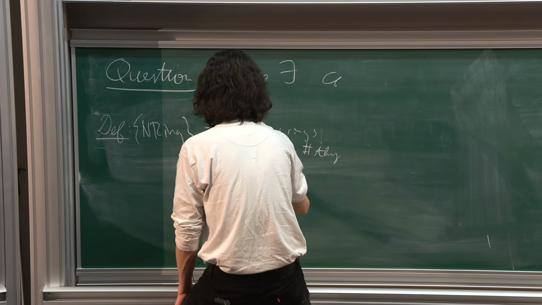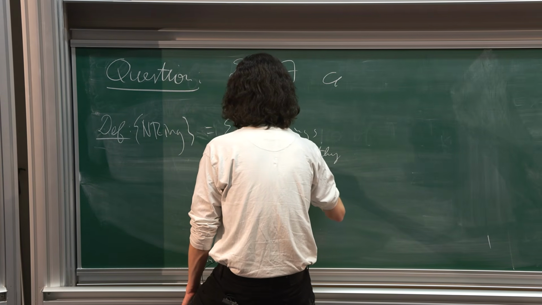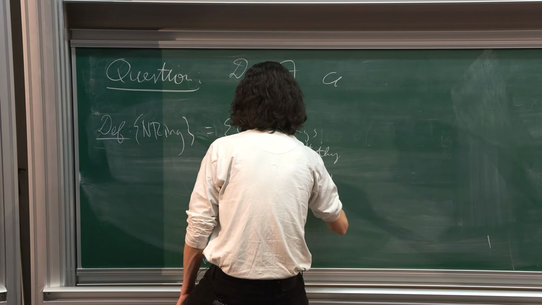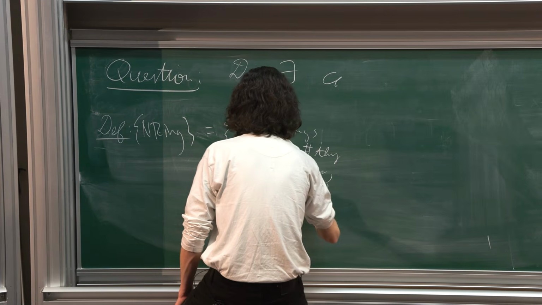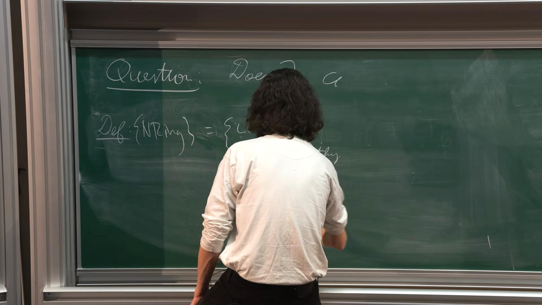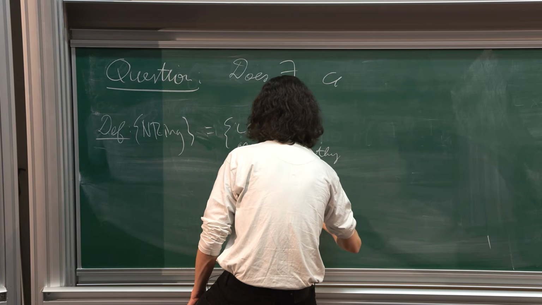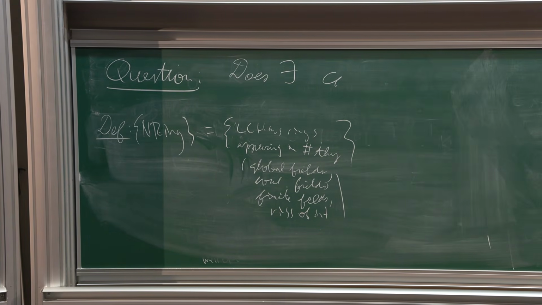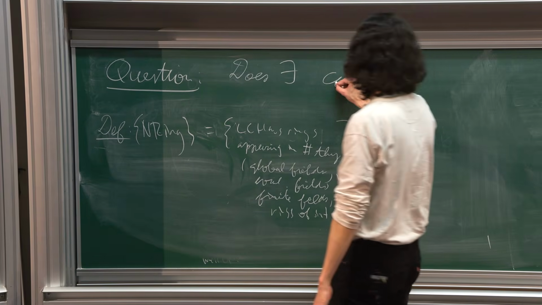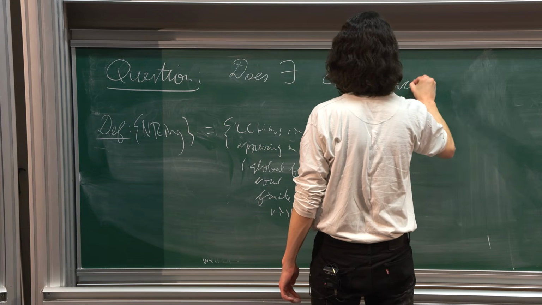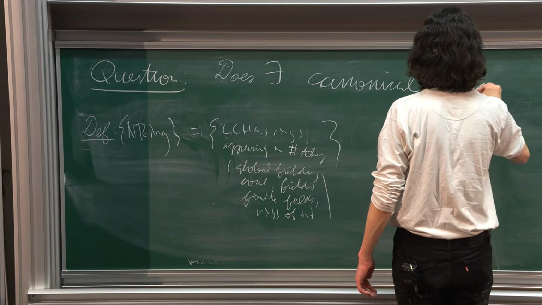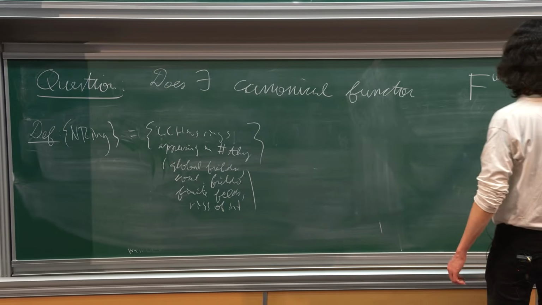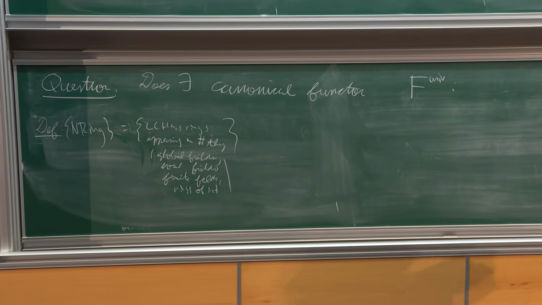So global fields, local fields, finite fields, rings of integers, whatever you like, those kinds of rings. Does there exist a canonical functor F, like a universal refined class formation.